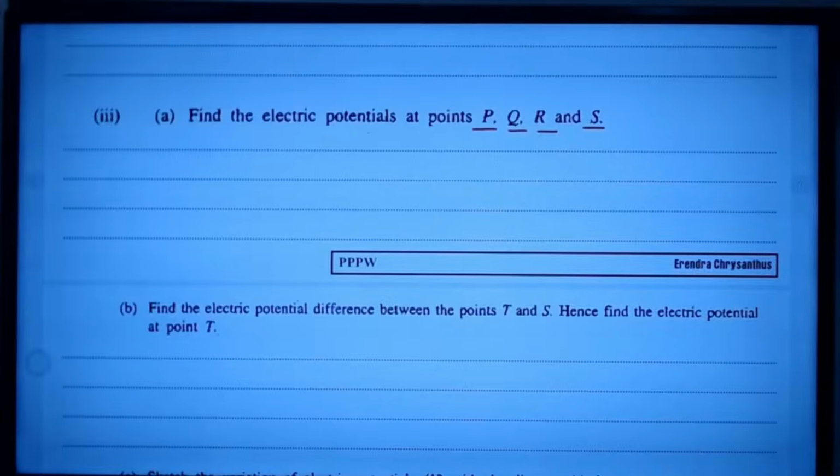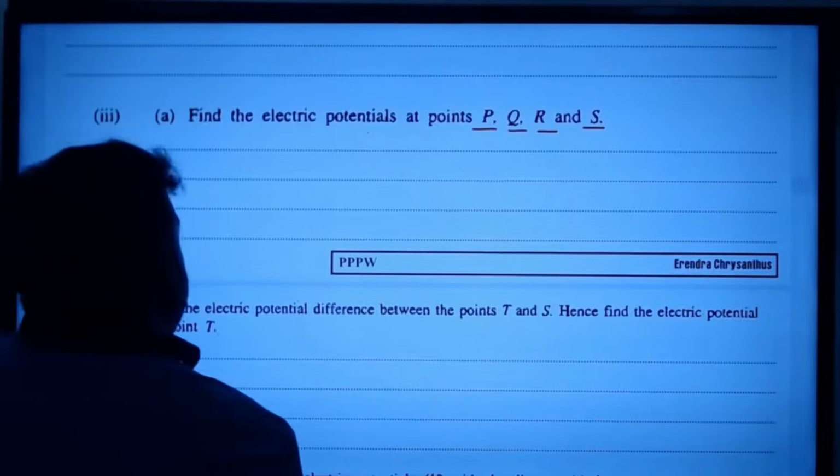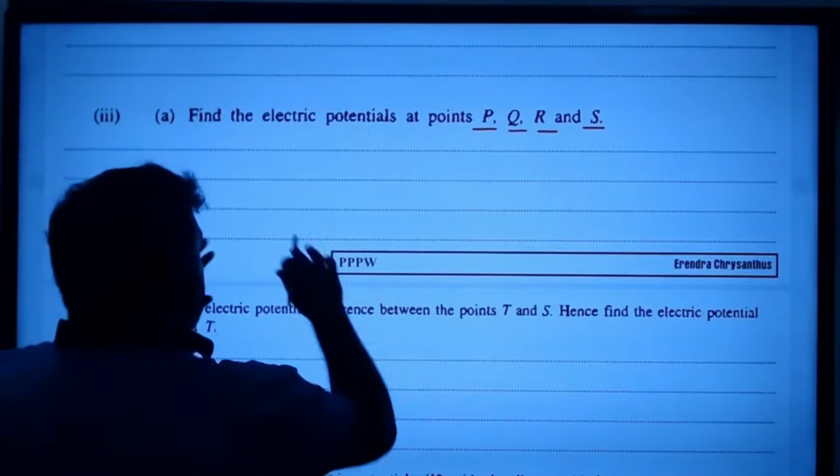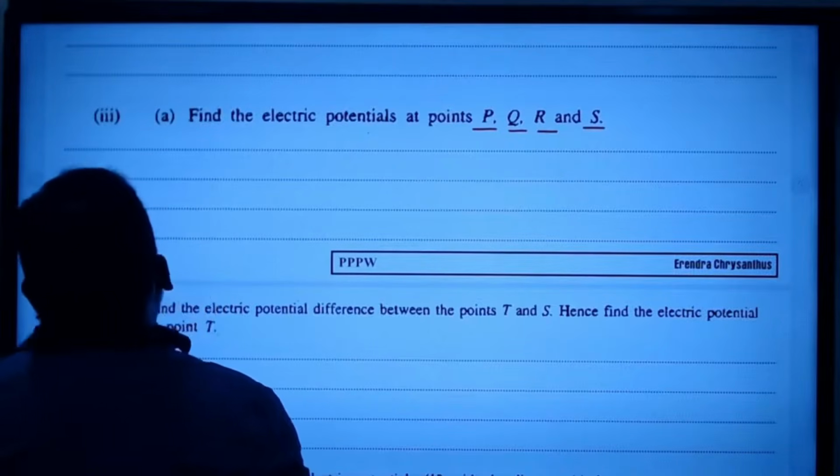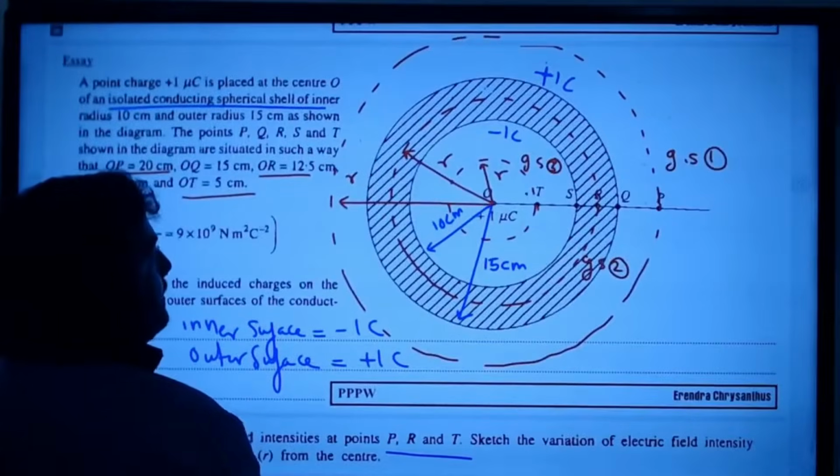So all these I have found. Potential difference between T and S. Let me have a look where T and S are.